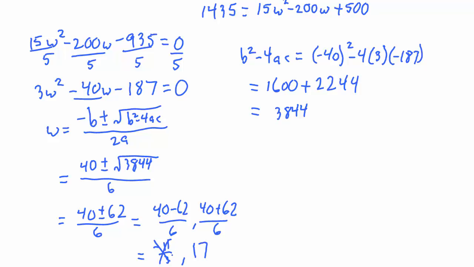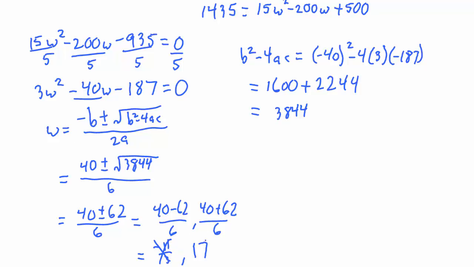I'm going to reject this negative 11 thirds. It is a mathematical solution, but it is not a physical solution. The reason it's not a physical solution is because this is a distance, and distances are never negative. There's no such thing as the side of something being negative 11 thirds inches.